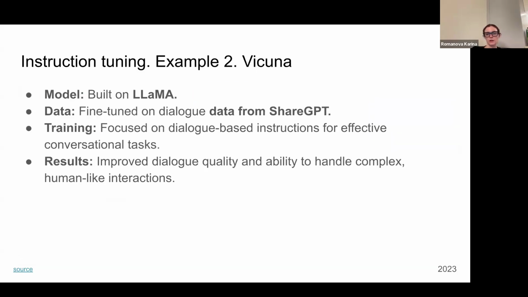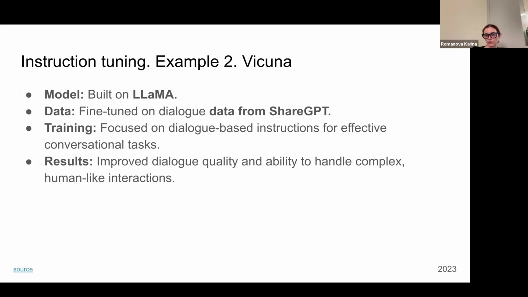The second case is Vicuna, another model that was trained with instruction tuning, fine-tuned on user-shared conversations from platforms like ShareGPT. Vicuna was trained to generate more human-like and engaging responses.